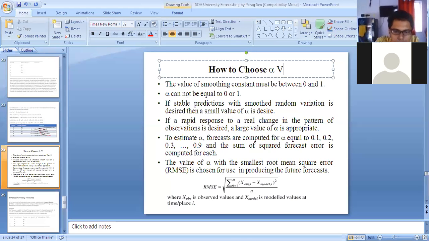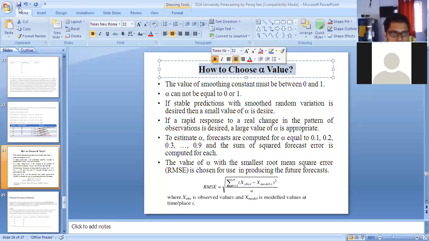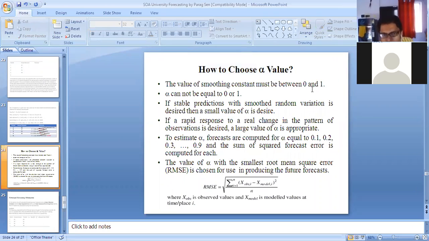We know that alpha is a smoothing constant, and it must be between 0 and 1. One way is that the alpha value is usually chosen using the trial and error method.